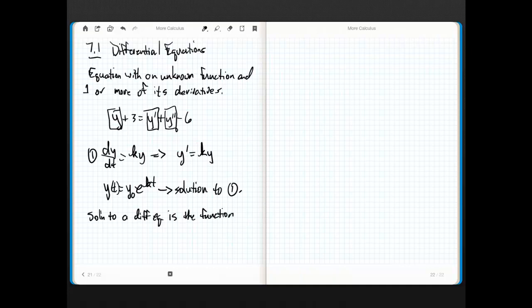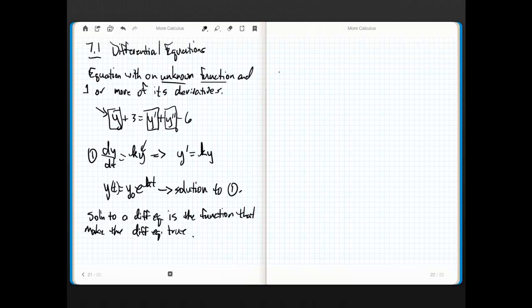What function is it? It's this unknown function from the original differential equation. It's the function that makes the differential equation true. In other words, it's the one that satisfies it.